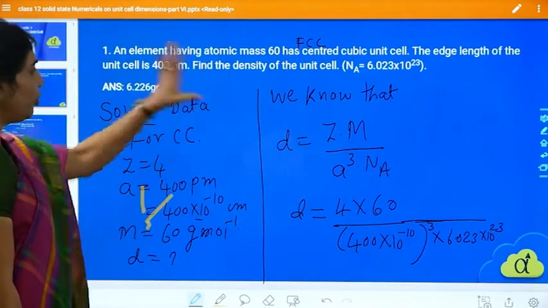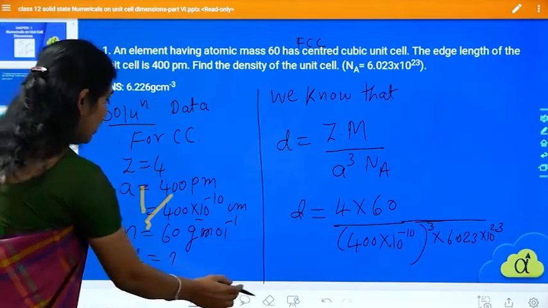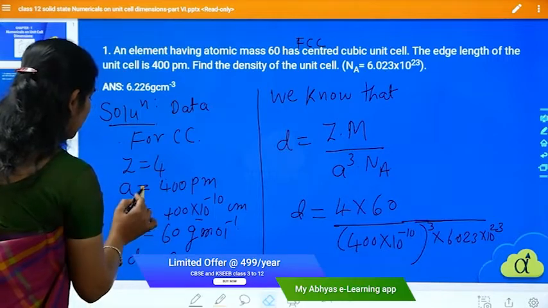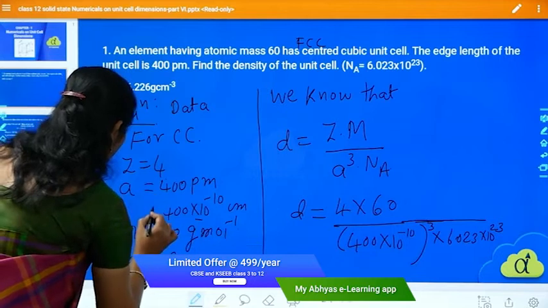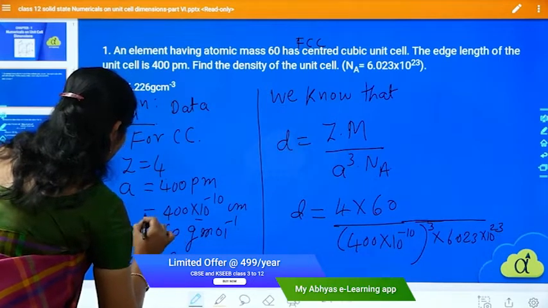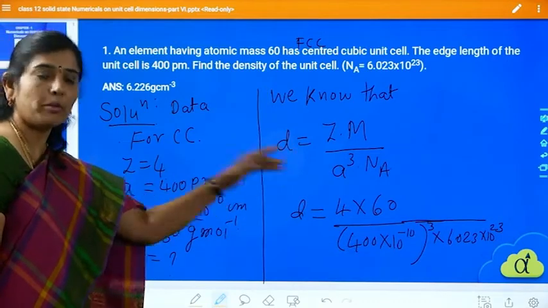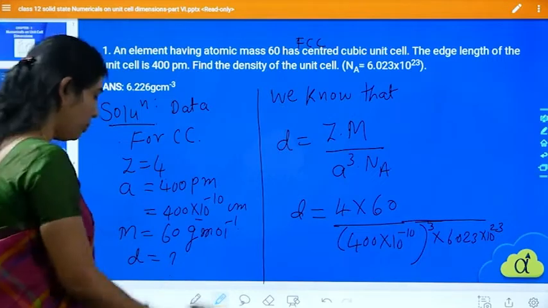If they give a numerical like this, first you have to write the data, then with respect to that data, frame the formula, then substitute, and afterwards simplify.